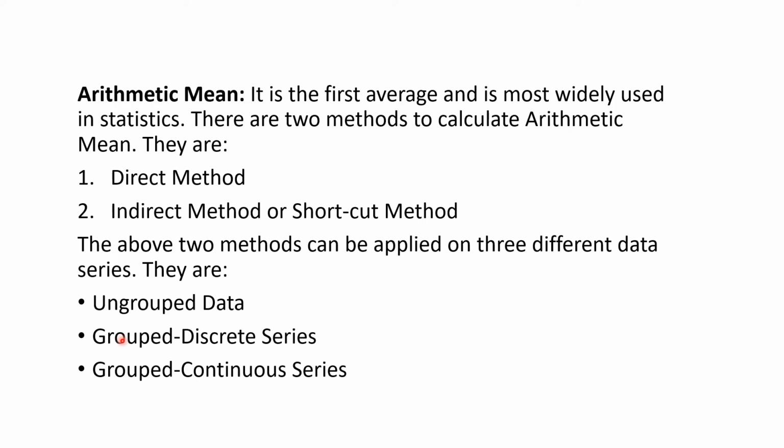It cannot be calculated if any one of the observations goes missing. It takes into consideration all the observations when carrying out the calculation. The calculated arithmetic mean may not be one of the values which the variable has actually taken.